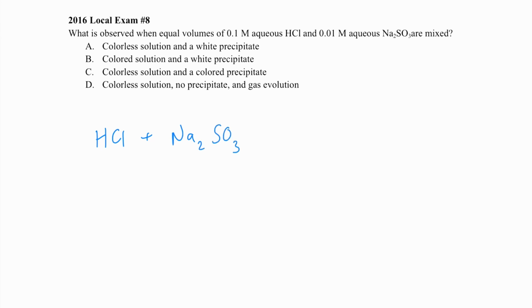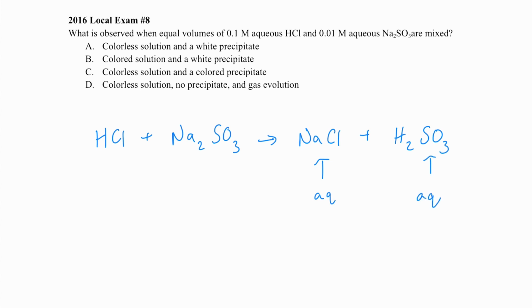This is going to be a double displacement reaction, so the sodium is going to pair up with the chloride. We have NaCl, and then the hydrogen pairs up with the SO3, so we're going to have H2SO3. Now, currently, both of our products are aqueous.